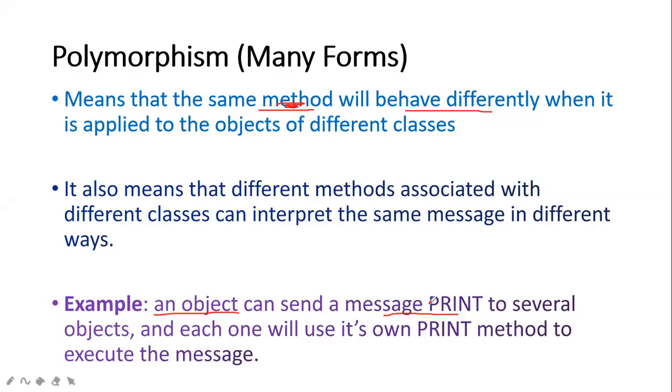If there is an object sending a message print to several other objects, then each one will use its own print method to execute the message. All the objects are using the same message print, but they have different methods of executing the same message. So print has many forms. This is called polymorphism.